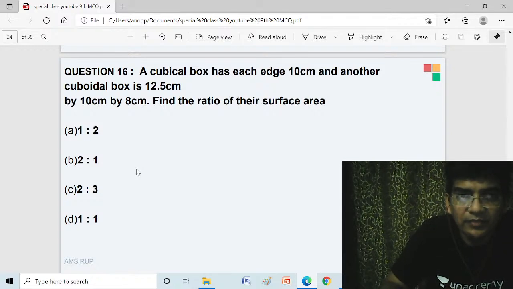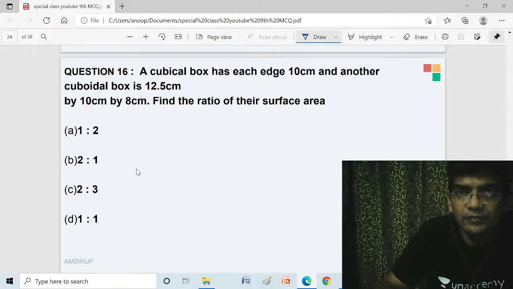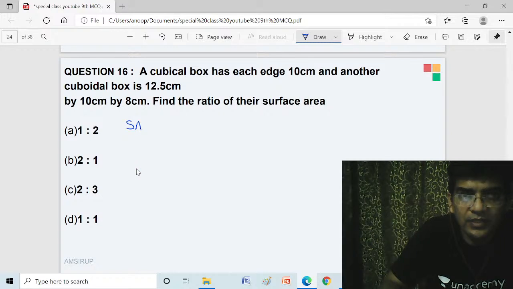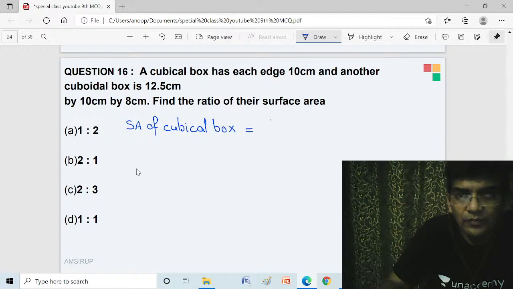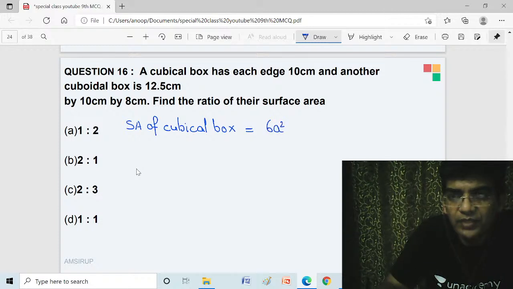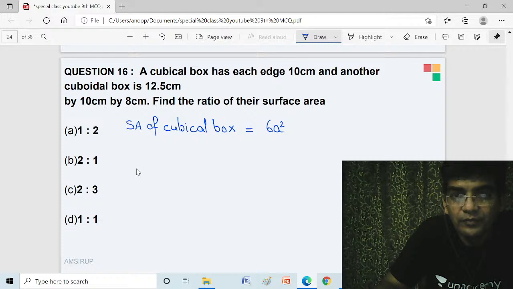So let us find first of all the surface area. We will find the surface area of the cubical block. Formula is 6a square, that is 6 times the square of the side. So that will make it 6 into a square.